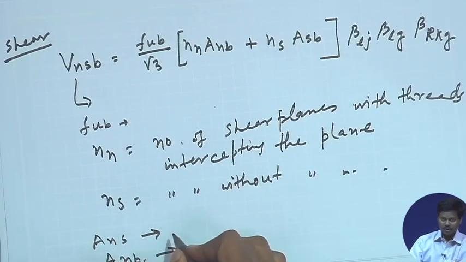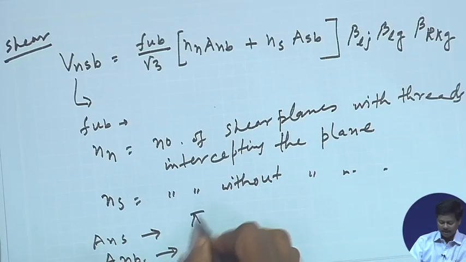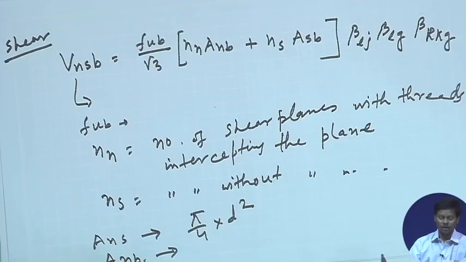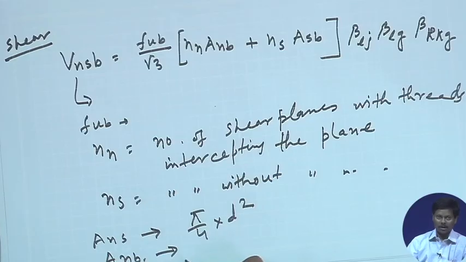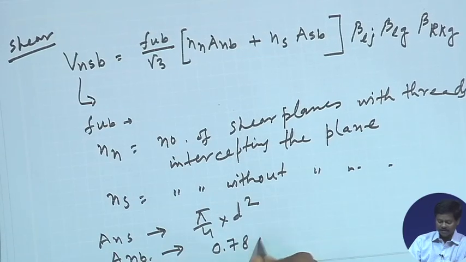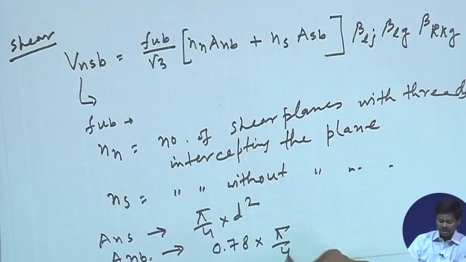Now, we know the cross sectional area of the shank portion will be pi by 4 into d square, where d is the nominal diameter of the bolt. But when we calculate the net area of the threaded portion, we reduce it to a certain extent, which is suggested by the code as 0.78 times the cross sectional area of the shank.